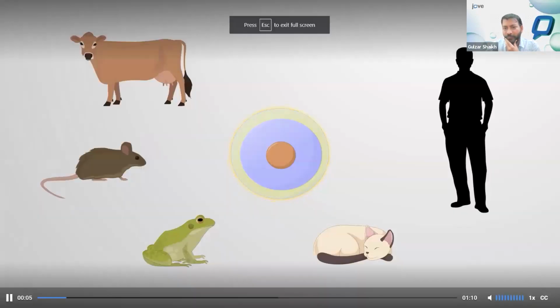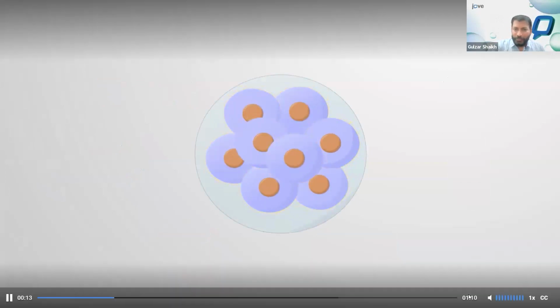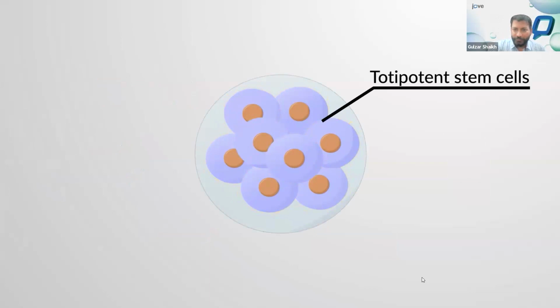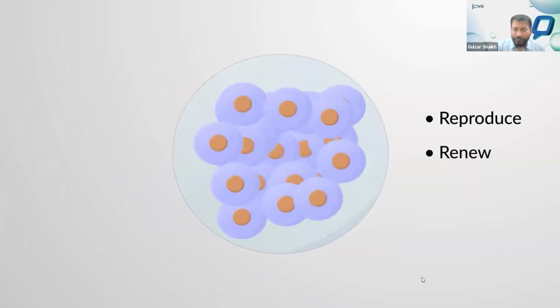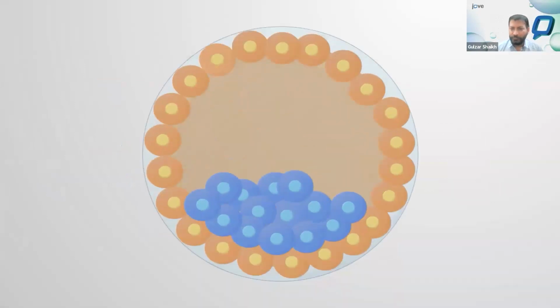Single fertilized egg cell called the zygote. The zygote divides mitotically to form an 8-cell mass. At this stage, the cells are called totipotent stem cells that can reproduce, renew, and specialize into different tissues upon implantation.